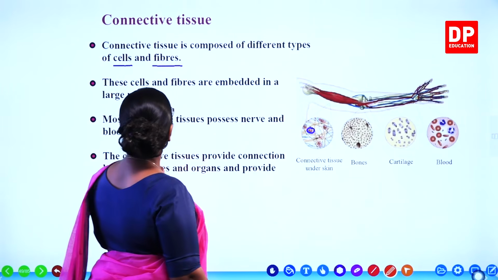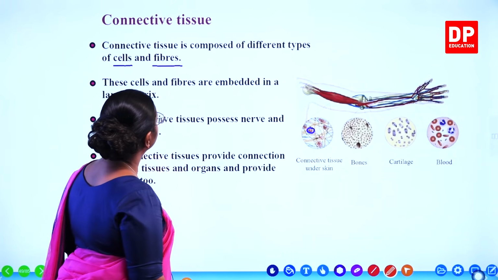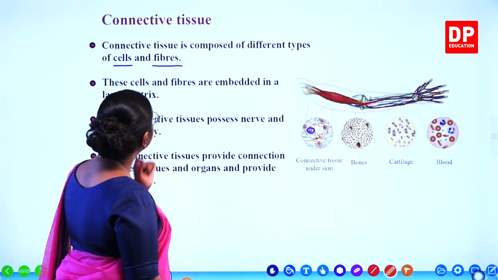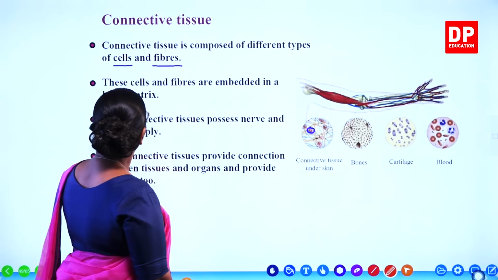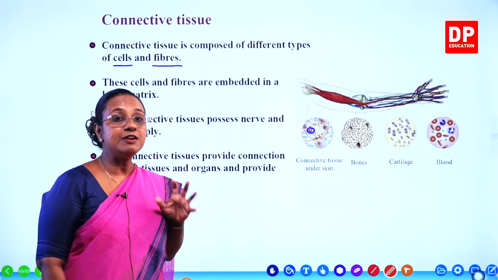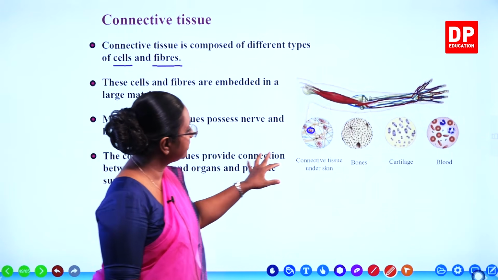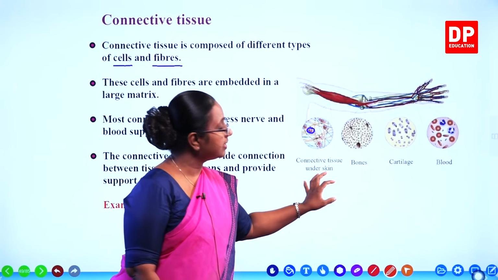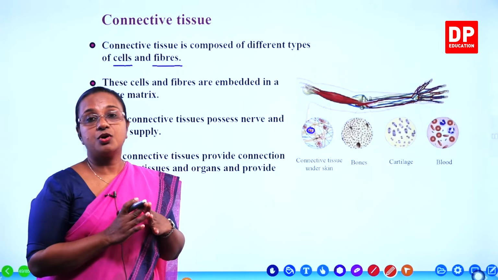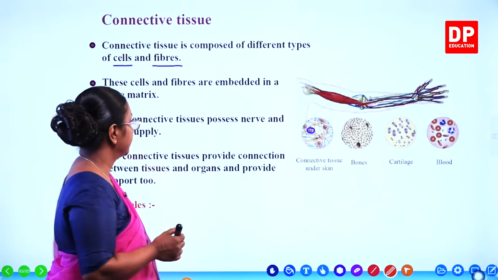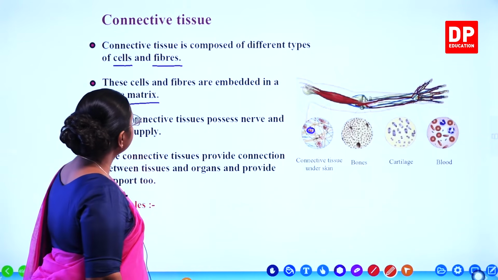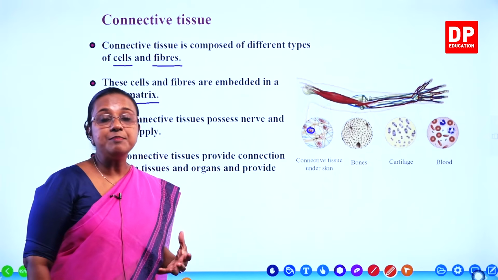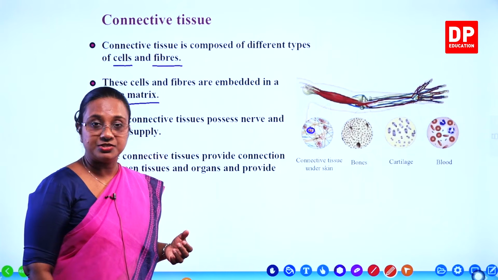So one feature is that connective tissue is composed of different types of cells and fibers. And these cells and fibers, here you can see, are all present in a substance called the matrix. That is important. These cells and fibers are embedded in a matrix.